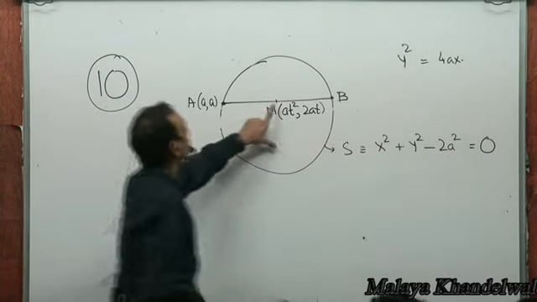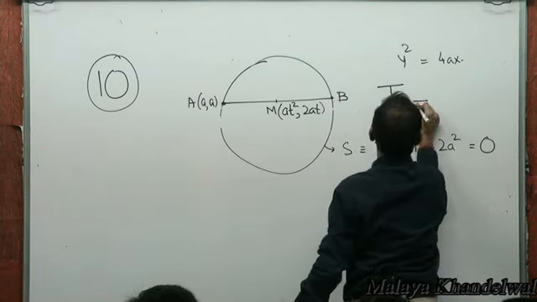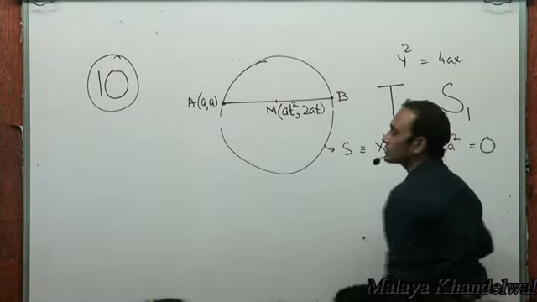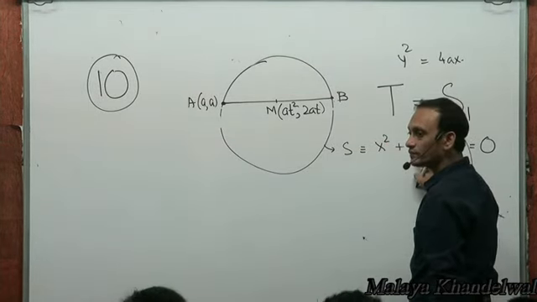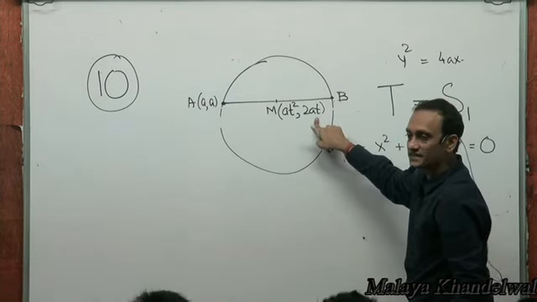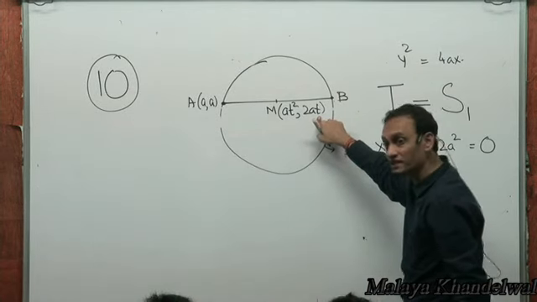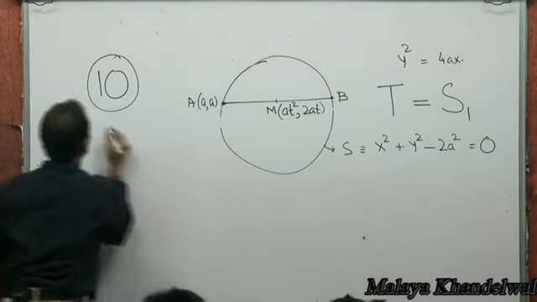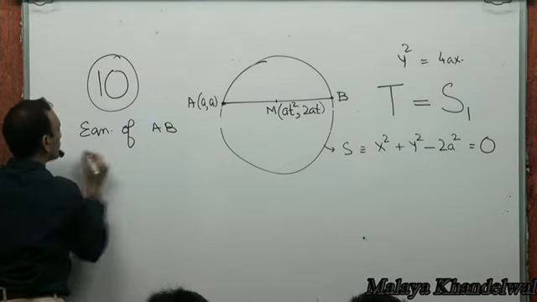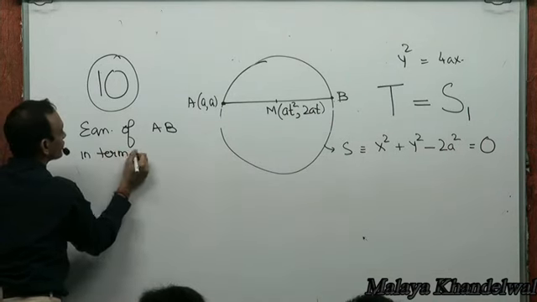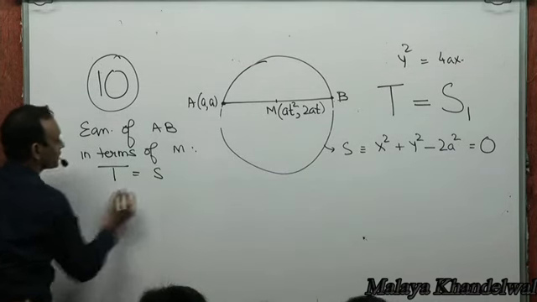Okay. Now, given the midpoint of a chord, the equation of the chord in terms of its midpoint is going to be T equal to S1, in circle or parabola, where T in this case is xx1 plus yy1, etc. Where x1, y1 is this. T equal to S1 will give me the equation of the chord in terms of its midpoint. So equation of AB in terms of M is T equal to S1.